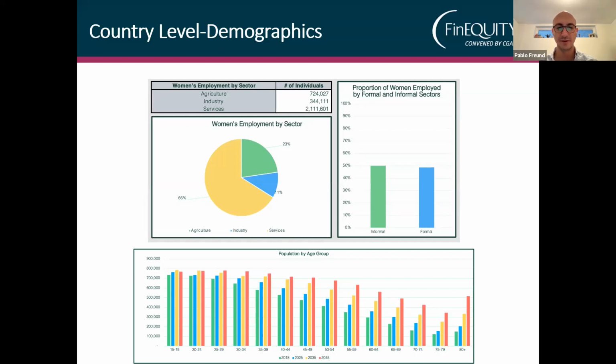It immediately populates these initial dashboards and starts showing you a lot of rich data about the different aspects, demographic and the labor market, and it's all populated by the databases coming from our World Bank colleagues and IFC and different resources. But basically what we're trying to do is pull together all the relevant data so we can build a very clear perspective in a single tool. We can jump to the next slide, please.